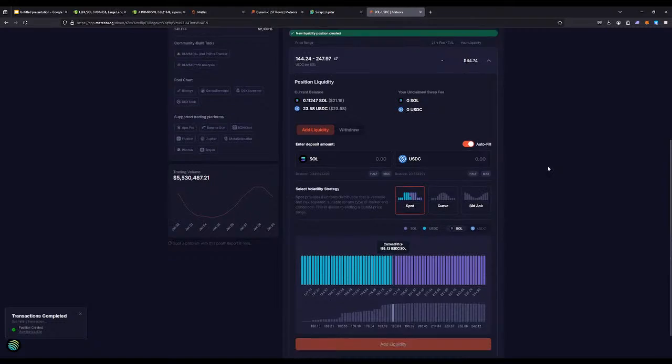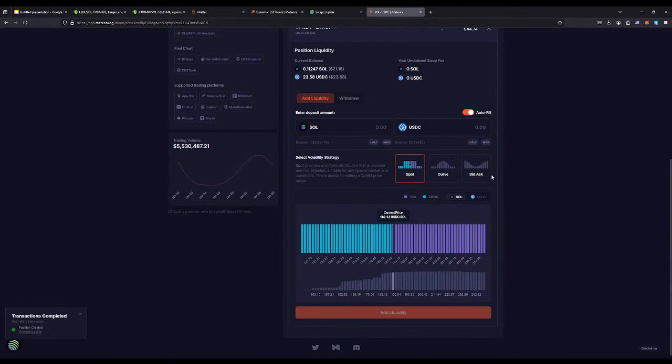Now suppose in this example, if there's a crash and Solana price falls drastically overnight, then I want to take advantage of that. In that particular case, if I'm expecting that the price will fall, I will choose the bid ask strategy.